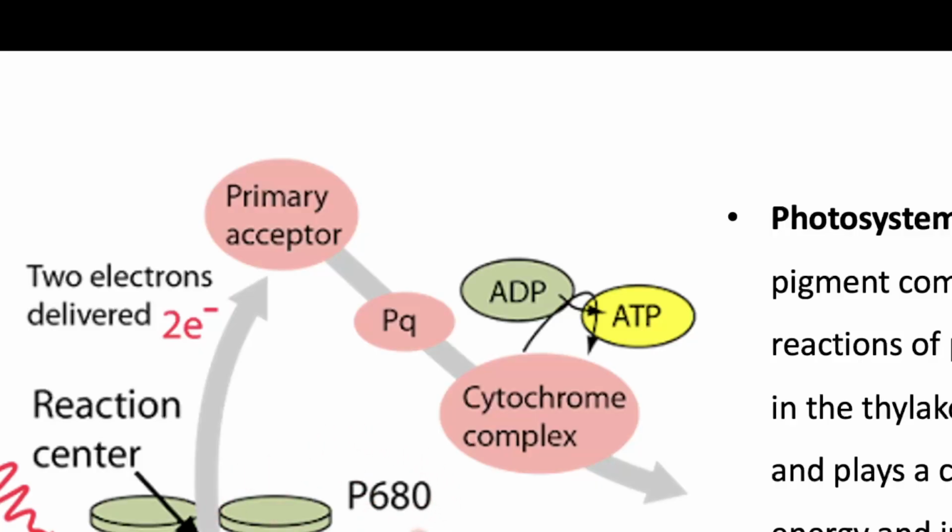So this wavelength is 680. This wavelength of photon can excite this chlorophyll molecule that absorbs light energy. When P680 absorbs a photon, it gets excited to a higher energy state. This excited P680 transfers an electron to the primary electron acceptor, pheophytin. So this primary acceptor is pheophytin, while P680 is the chlorophyll A molecule present in photosystem 2.